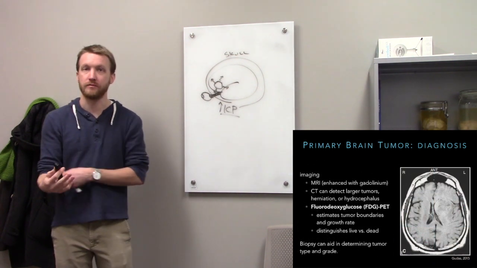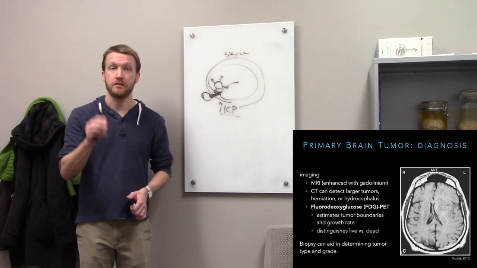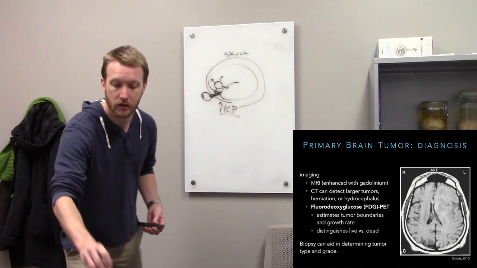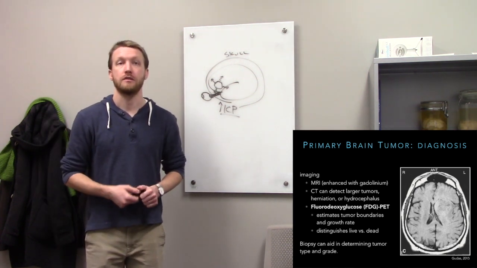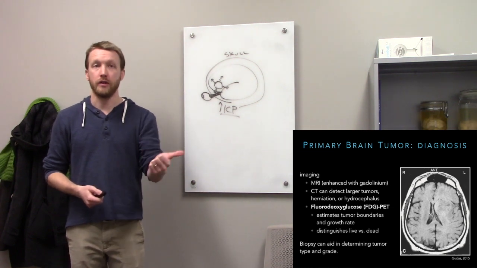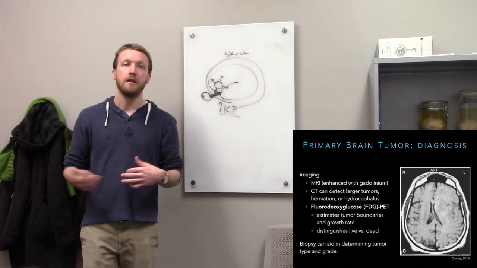The diagnosis of brain tumors is going to rely on imaging. Imaging is a big factor here for how we make this diagnosis. MRI is a great way of imaging brain tumors, especially because you're not exposing the patient to x-rays like you do with a CT.